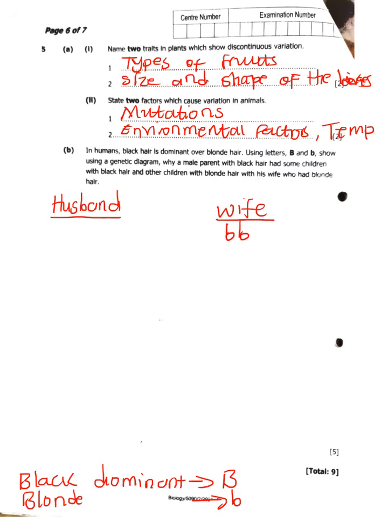Now the husband must be a carrier, so we need to have 1 capital letter and 1 small letter. The husband's phenotype was black, but he is a carrier of having a child with blonde hair. These are what we call the genotypes of the parents. Then we are going to separate these.